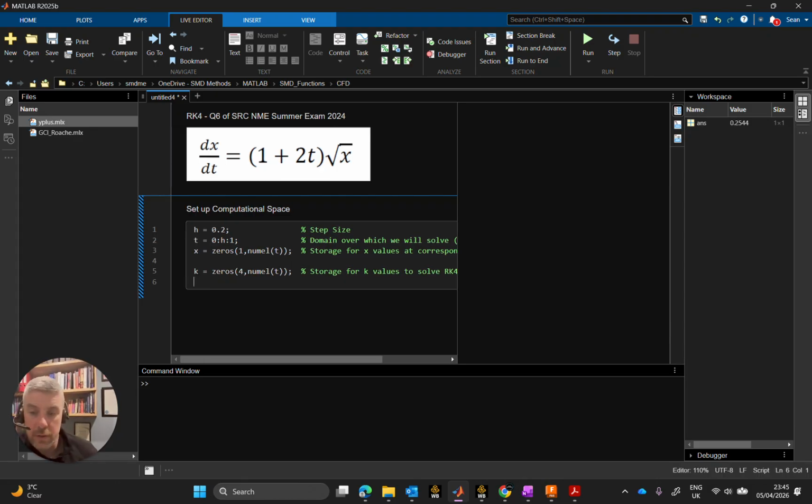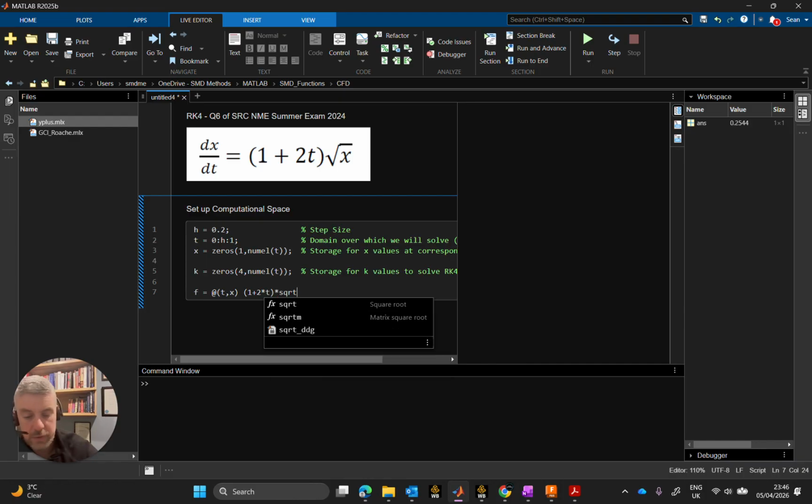Let me define my function. I'm going to save my function. I'm going to call it f is going to be equal to, I'll do this with a handle. I'm going to define it with a t, and I'm going to define it with a x, and that is given by 1 plus 2 times the t multiplied by the square root of the x.